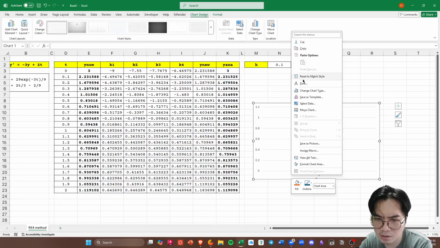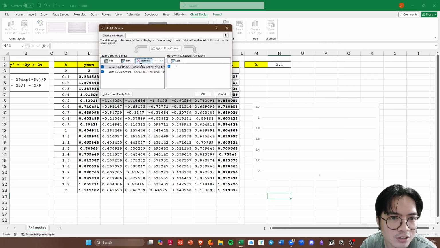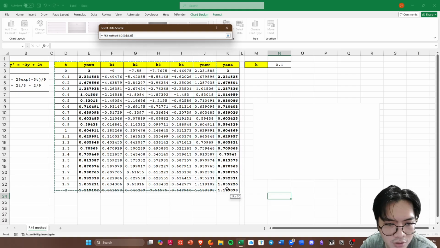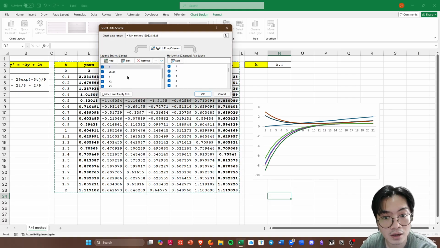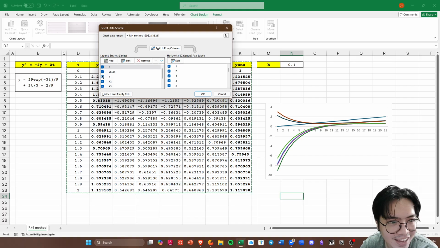Actually, I think I selected different data. Horizontal. Oh, those are the legend entries. Chart data range. Okay, let's just put in everything in here. There it is. We will remove these K columns and keep what remains.